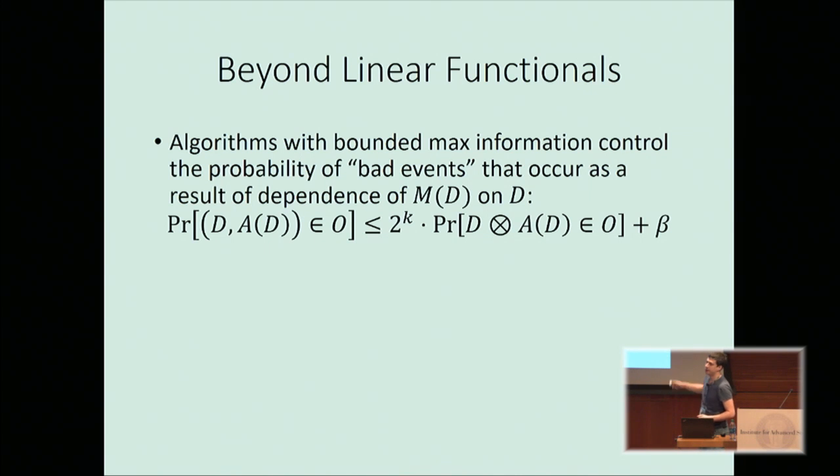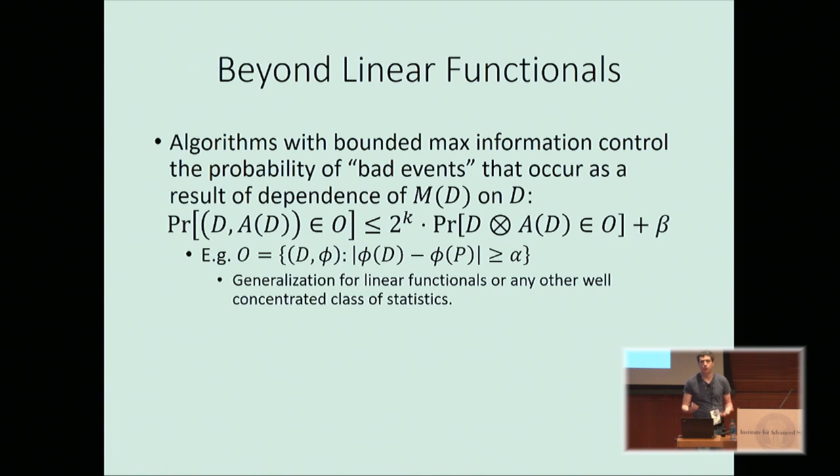The procedure you ran on the data turns out to give bad results. Well, if you know how to analyze that in the world in which the procedure is independent of the data, then this is telling you that the probability of that same bad event can't be too much worse, even if the data and the analysis method are correlated, if they're correlated only through a differentially private procedure.